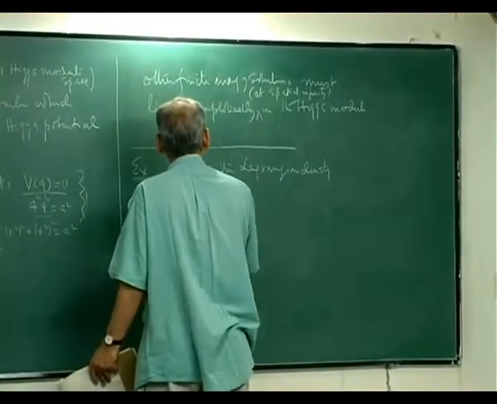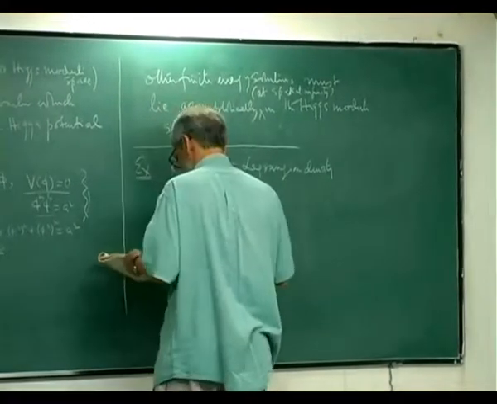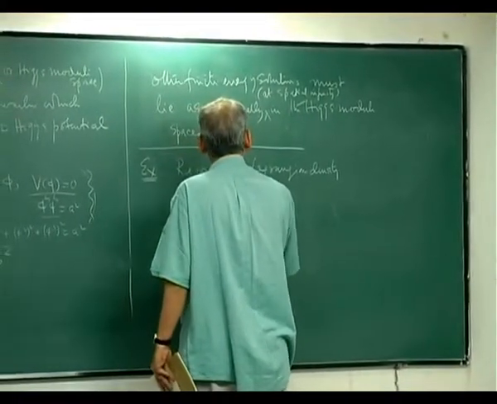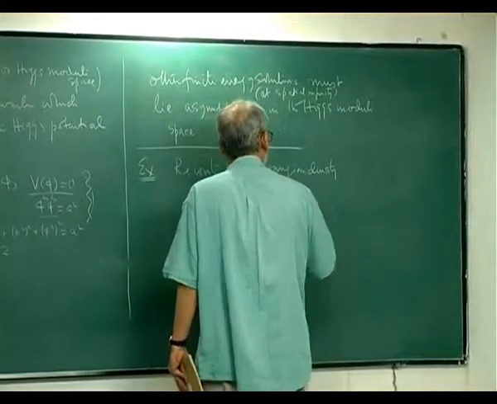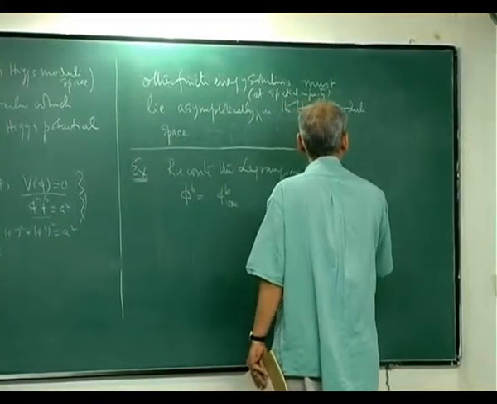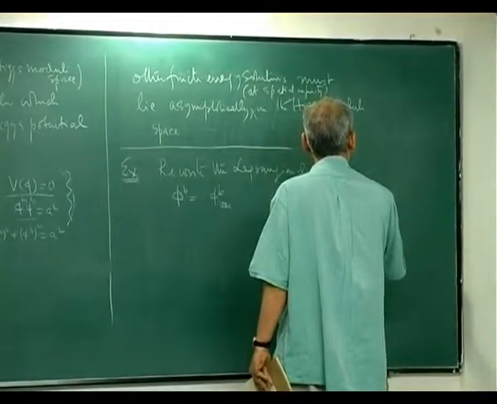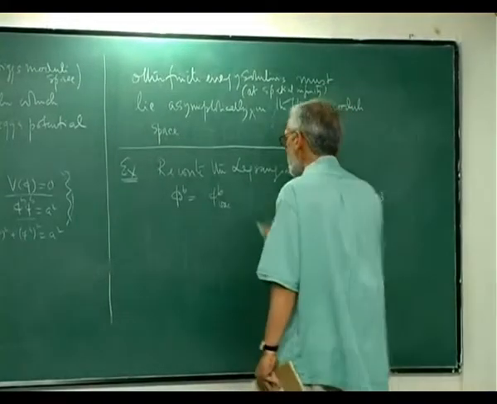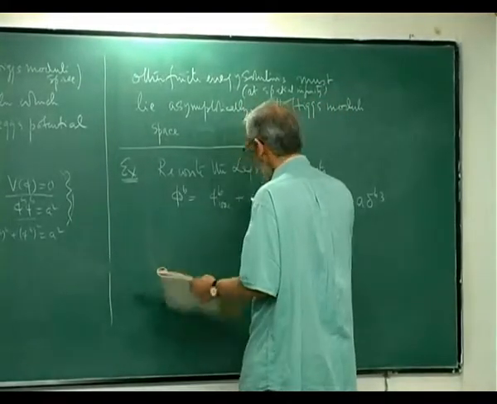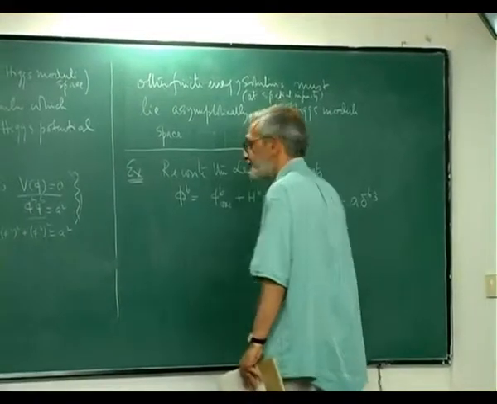So we write phi^b is equal to phi^b vacuum, where phi^b vacuum is a delta^{b3} plus some object, we'll call it h^b.